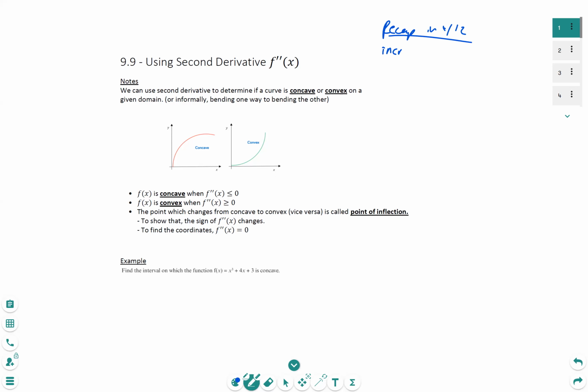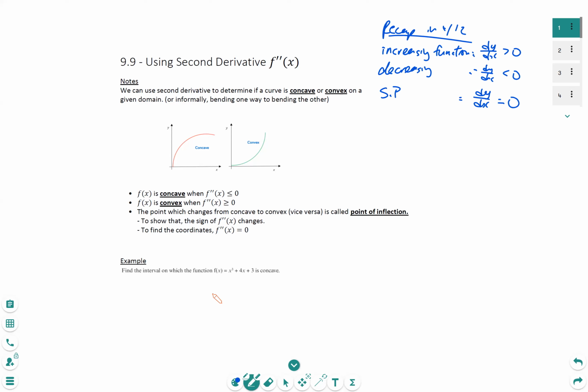If a question tells you it's an increasing function, what's the definition of it? It means dy by dx is greater than 0. If it's decreasing, then dy by dx should be less than 0. A stationary point means dy by dx equals 0.